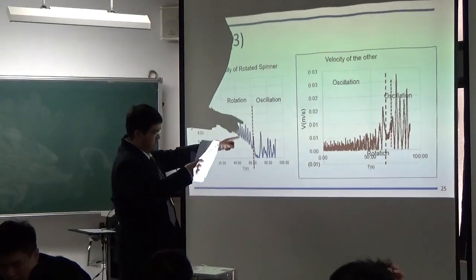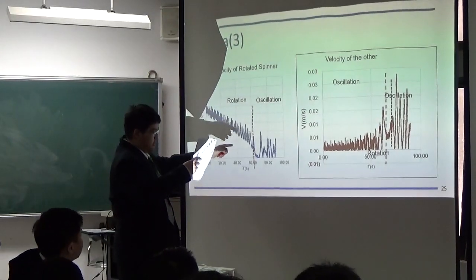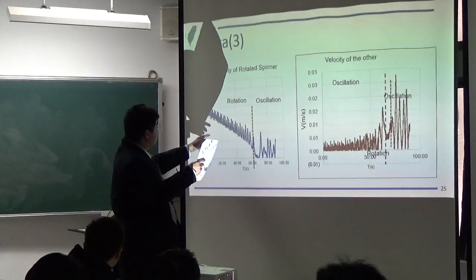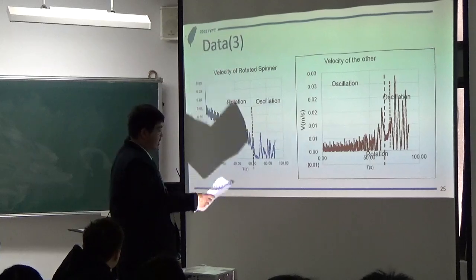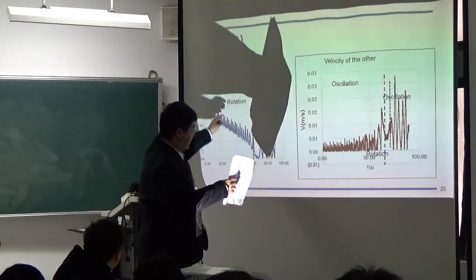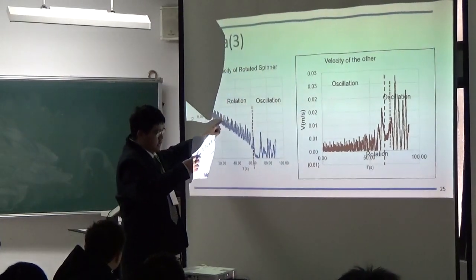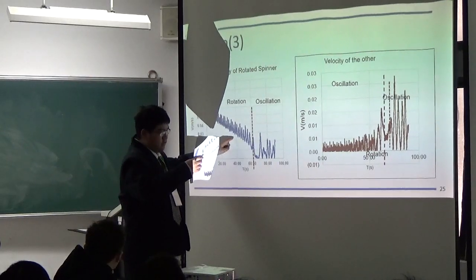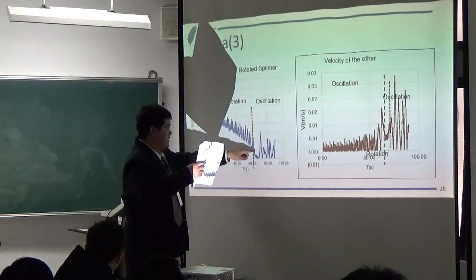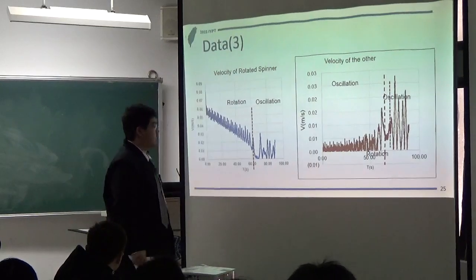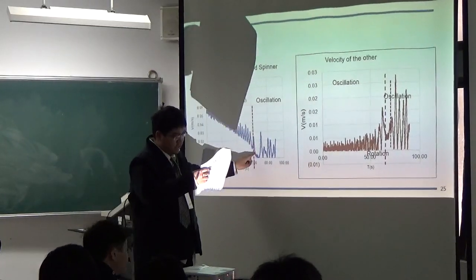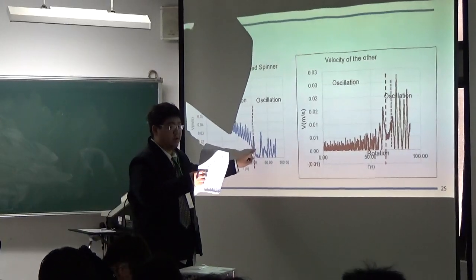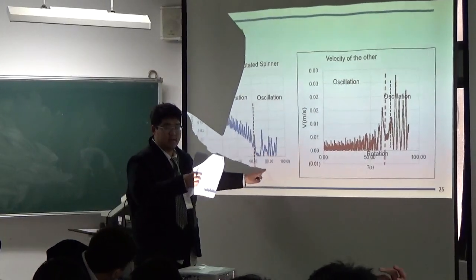As the line indicates, the touch spinner rotated in the moment when level on the line and oscillates in the right moment of the line.